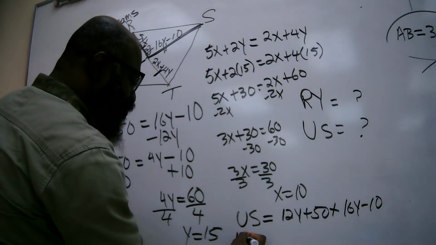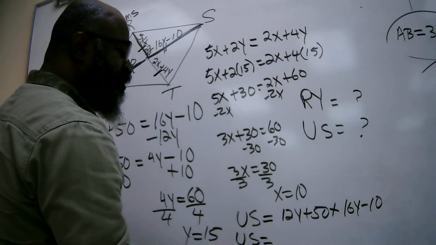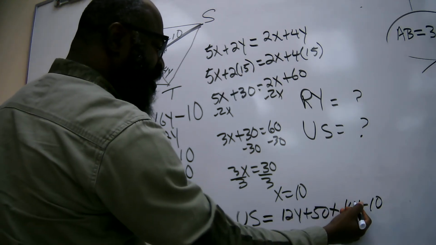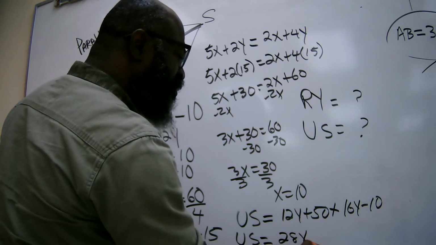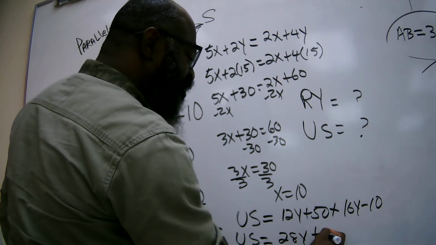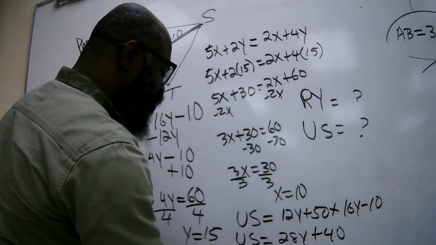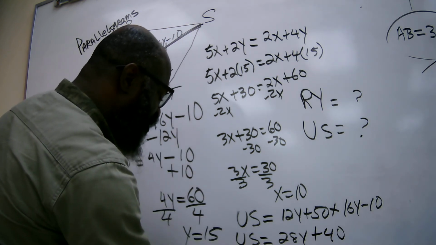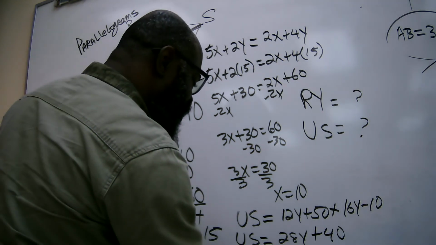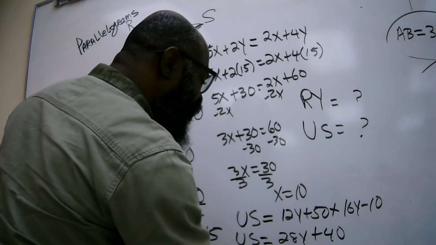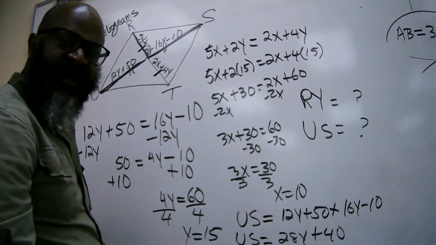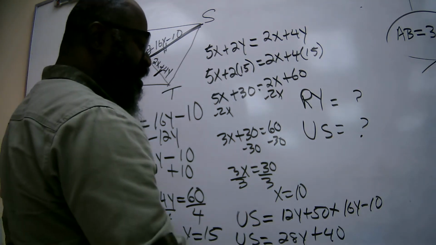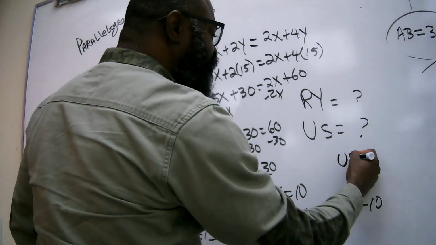Then you'll have US is equal to 28y plus 40. Then we know y is 15. Then you'll have 28 times 15 plus 40.